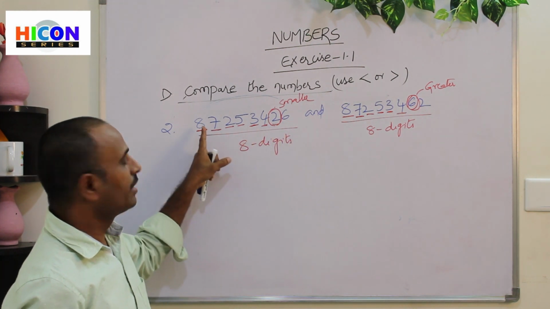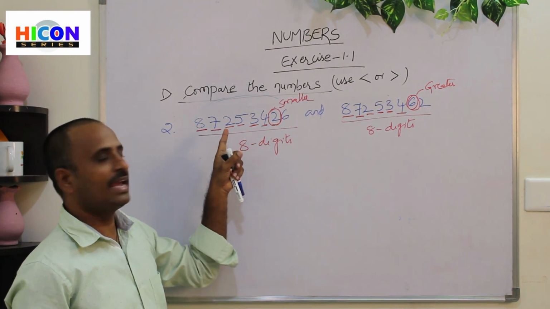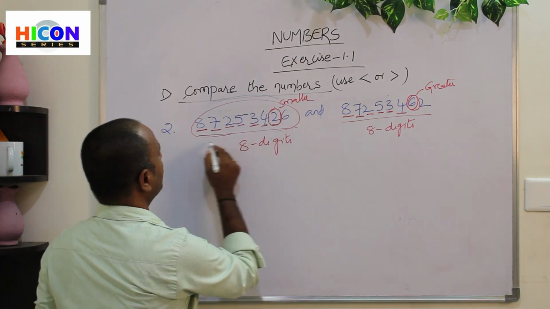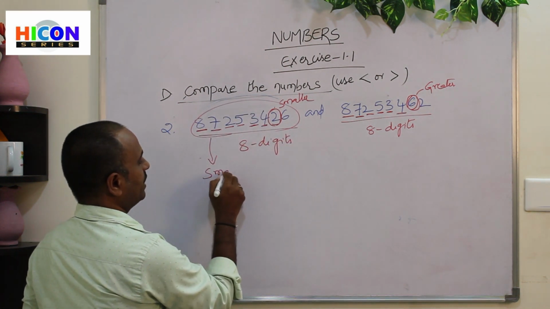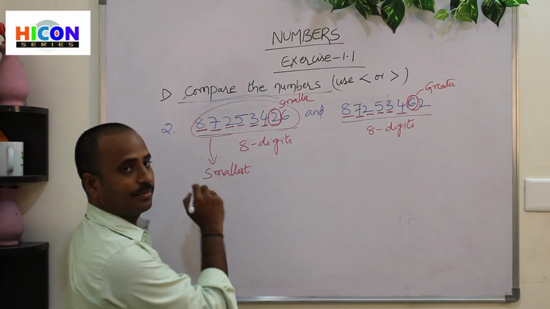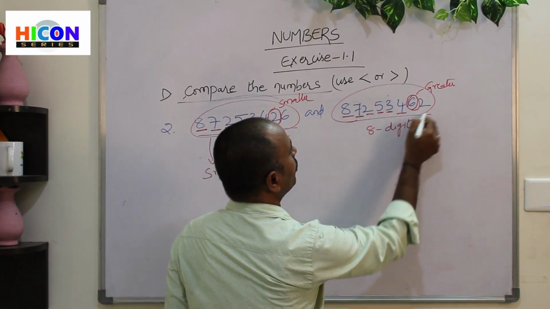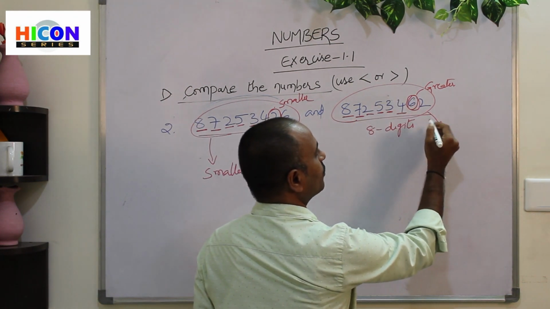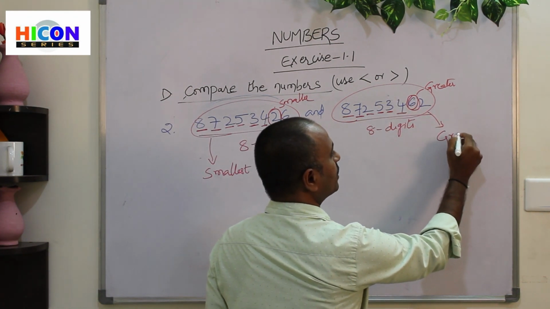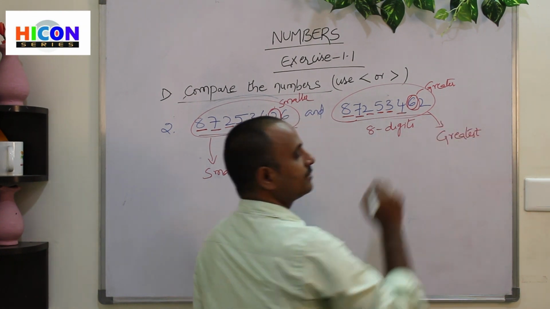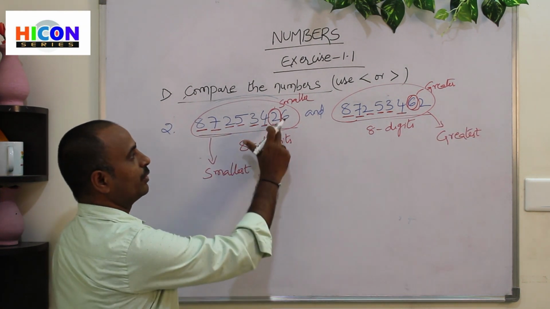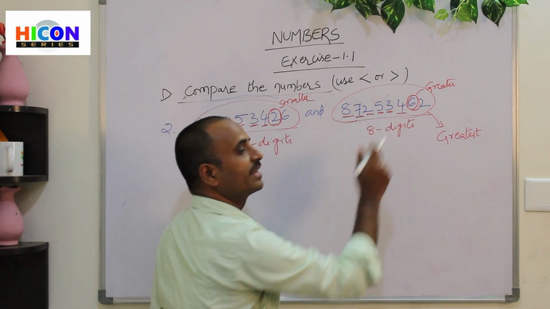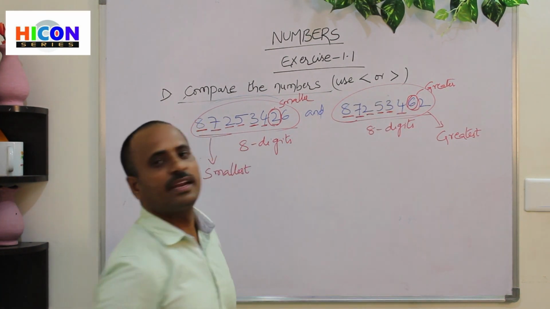So the number 8 crores 72 lakhs 53,476 becomes the smallest number. And the number 8 crore 72 lakhs 53,462 becomes the greatest number. So children, here 2 is the smallest, that's why this number is the smallest number. Here 6 is greatest, that's why the second number is the greatest number.